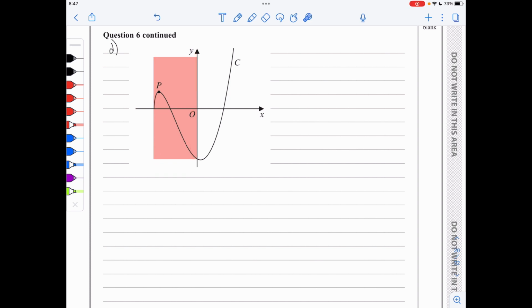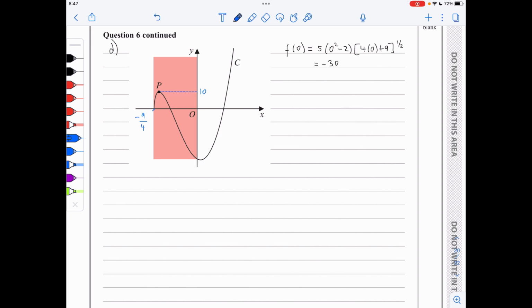We have already found that the y coordinate of point P is 10, we know that the cut here on the x-axis is at minus 9/4. It makes sense to find the cut on the y-axis, so that means we need to find f of 0, which will be 5 times 0 squared minus 2, (4 times 0 plus 9) raised to the power of a half, and this gives an answer of negative 30.